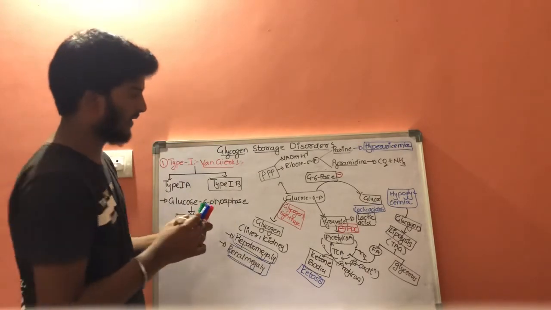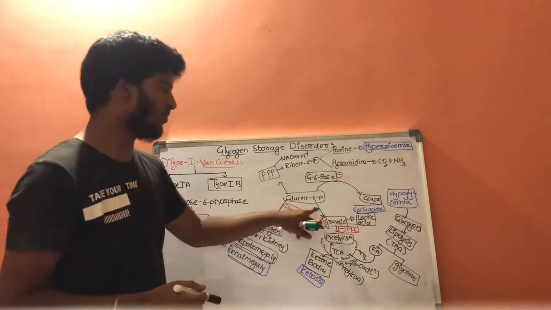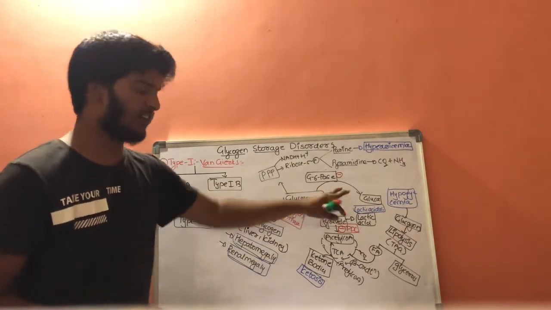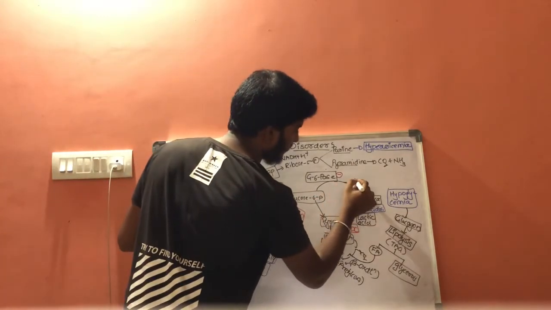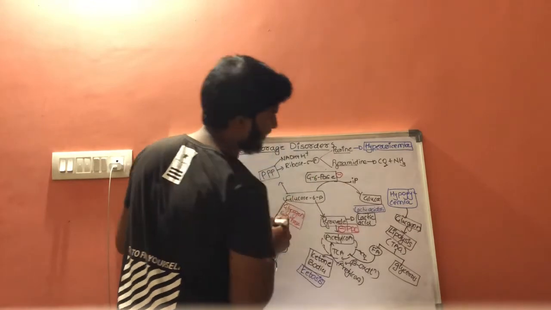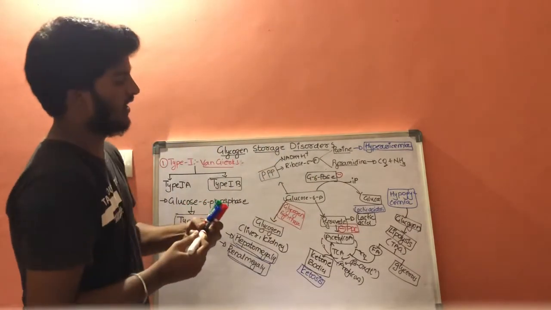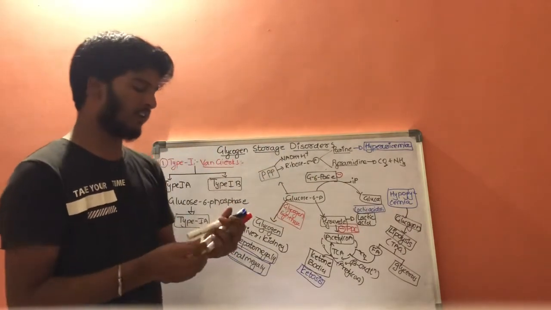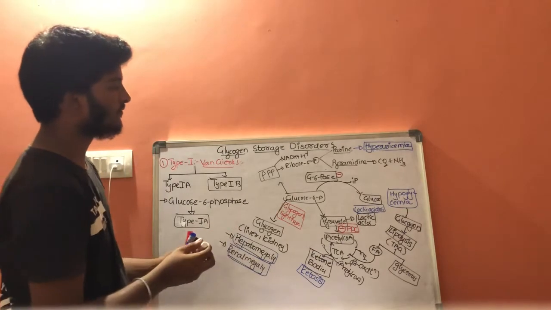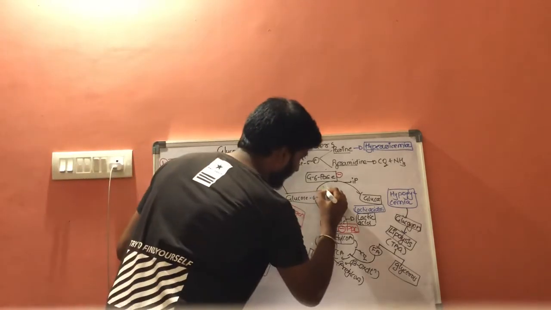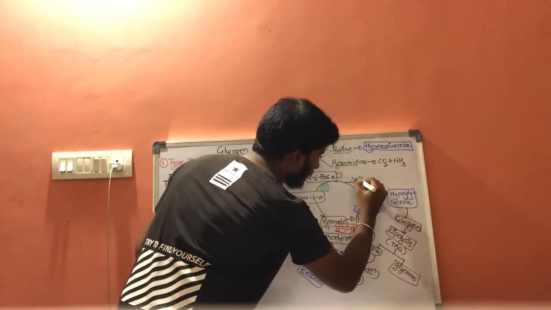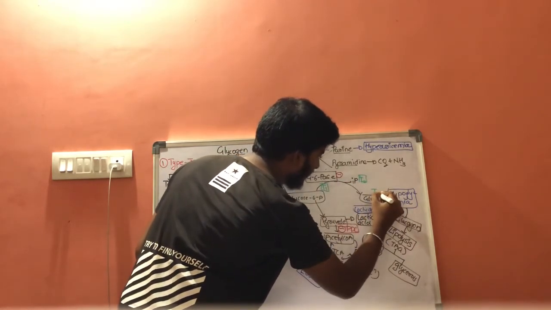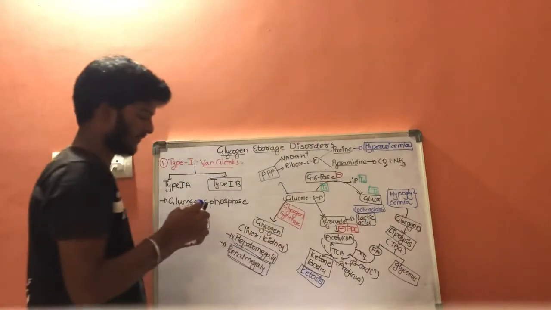Now whenever this glucose 6-phosphate gets converted into glucose, it results in formation of inorganic phosphate. Now there are 3 transporter molecules present, that is T1, T2 and T3.